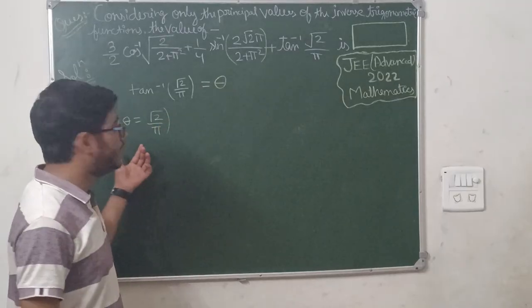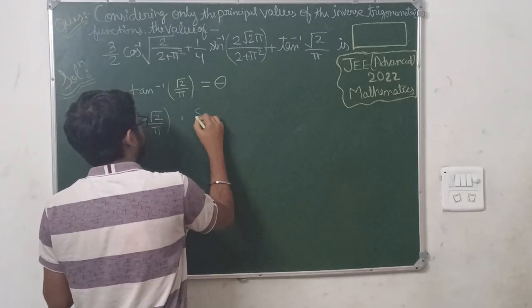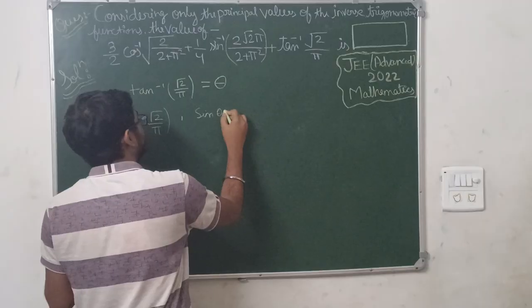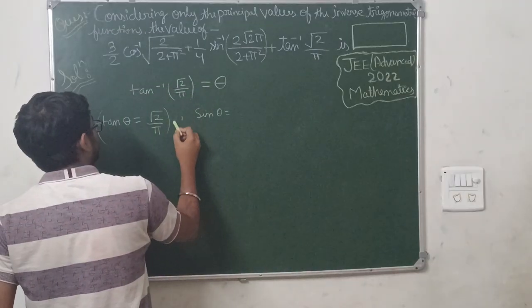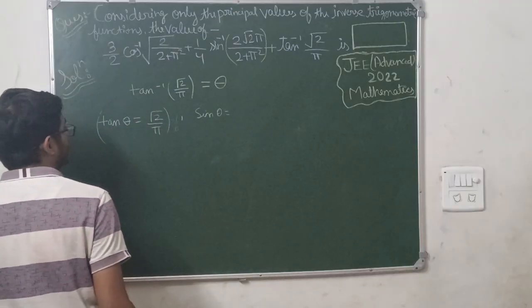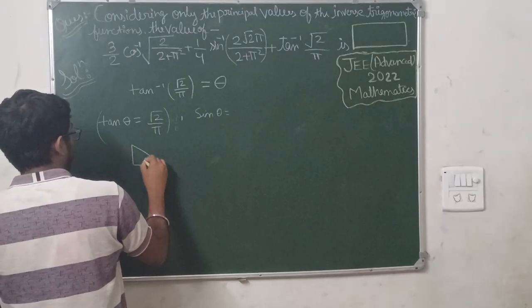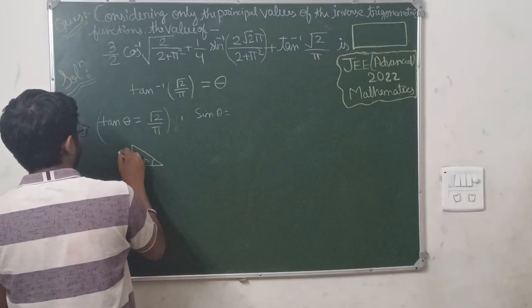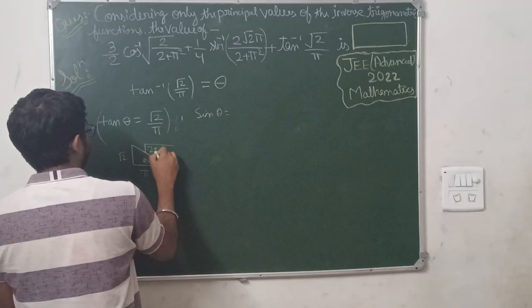We can take out sin theta and cos theta from here. If tan theta is this, then what would be sin theta? Tan theta is perpendicular upon base. So if we draw the triangle, assuming the angle to be theta, the perpendicular is root 2, the base is pi, so the hypotenuse is root over 2 plus pi square.